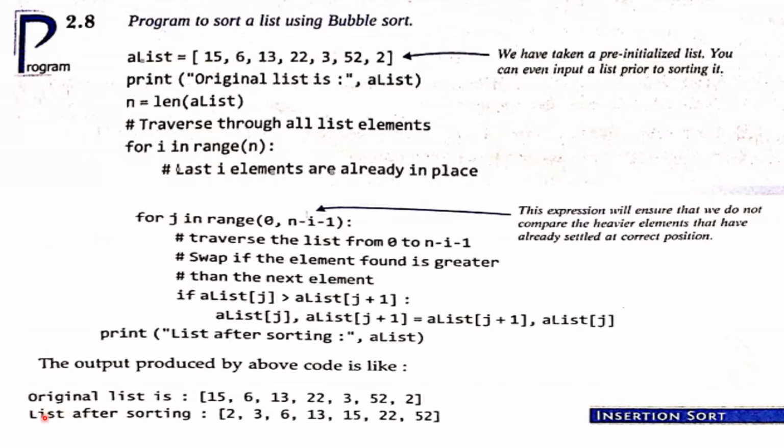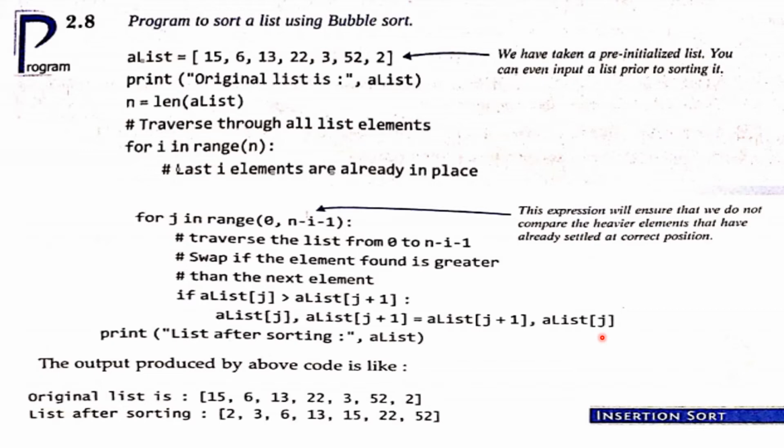So list of j, list of j plus 1 is equal to list of j plus 1, list of j. We can also write this in another way, taking a temporary variable when we swap. This is the format you need to remember. Then we print the list after sorting.